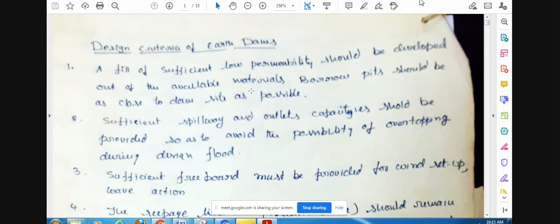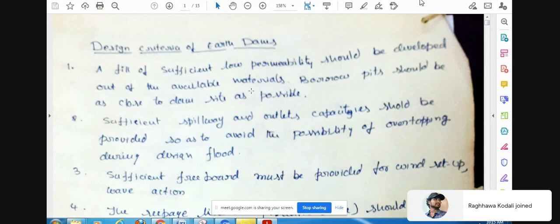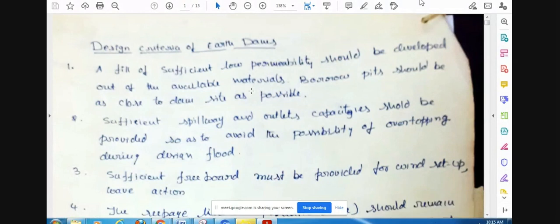If your borrow pit is nearer to the site where you are constructing the dam, you can minimize the transport cost. Otherwise, if the borrow pit is far away, a lot of money has to be spent on carrying material from the borrow pit to the dam site. So as far as possible, locate and identify the borrow pit nearer to the site. This is one point we should keep in mind.